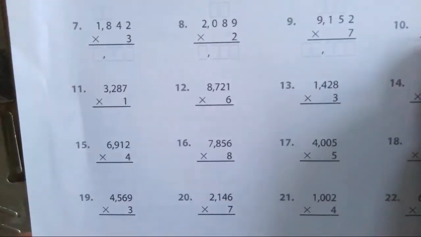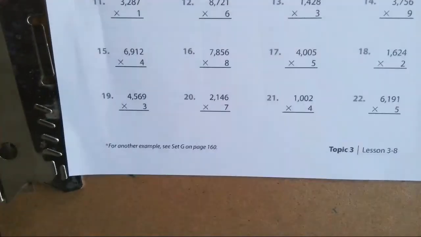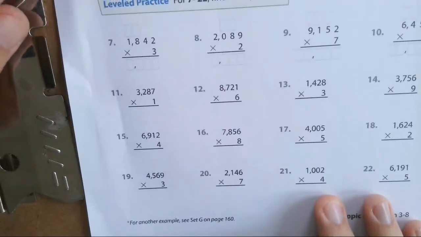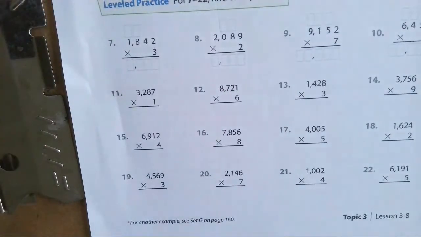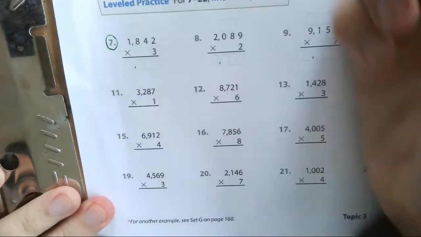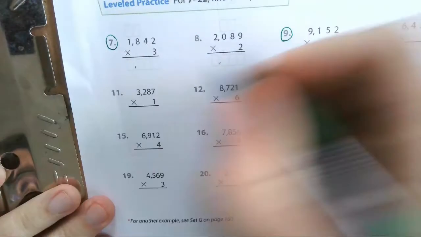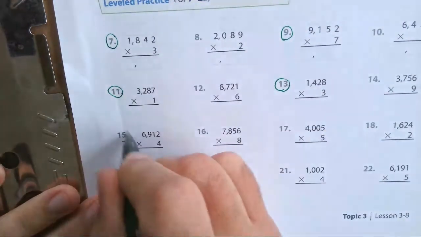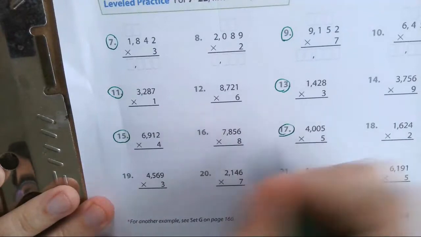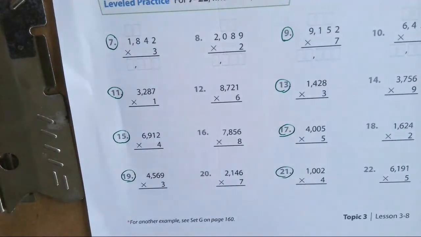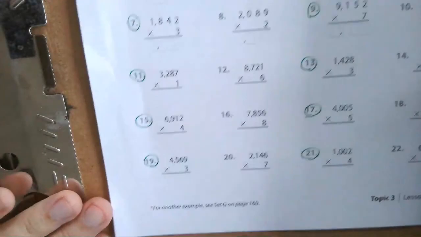All right, there is a whole bunch of problems down here at the bottom. But I think what we're going to do today is the odds. We're going to go 7, 9, 11, 13, 15, 17, 19, and 21. Certainly, you can do more if you want to do more.